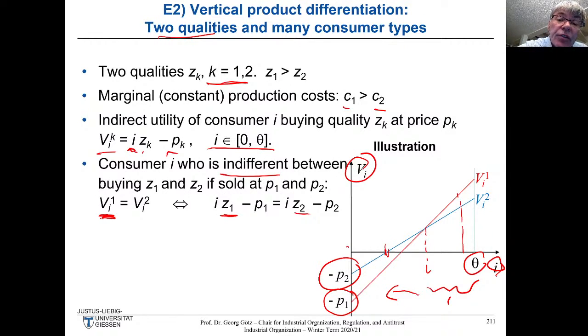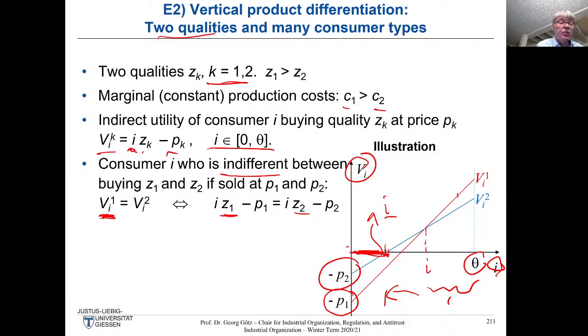And of course, this determines another pivotal consumer, the consumer I lower bar, which is the last consumer who buys. All consumers in this range here won't buy anything given these prices. So we have two segments, hopefully clear.